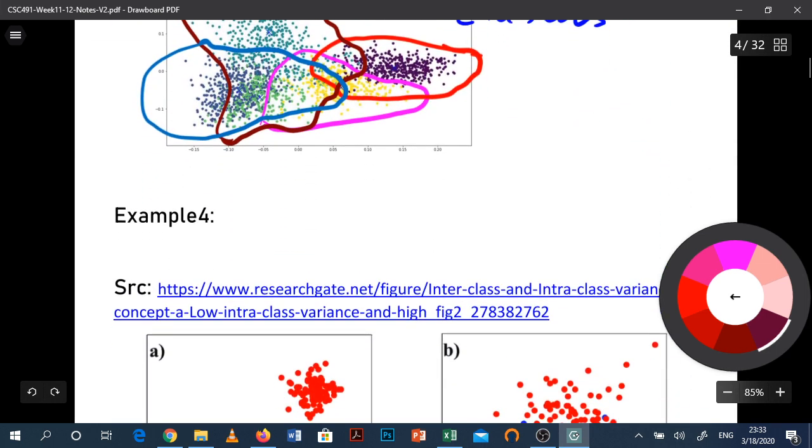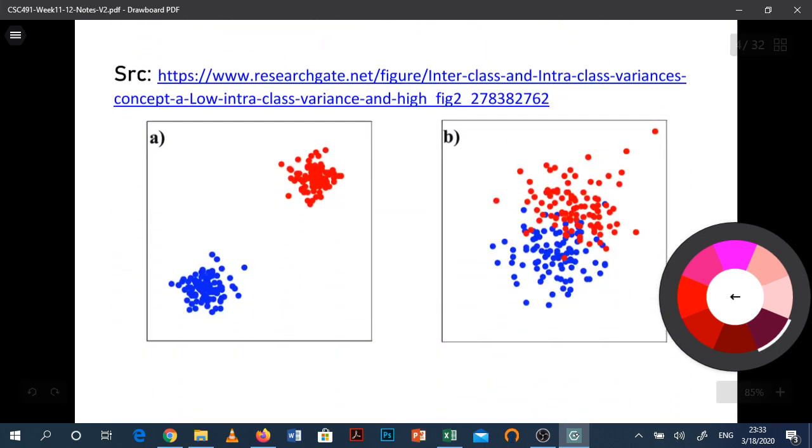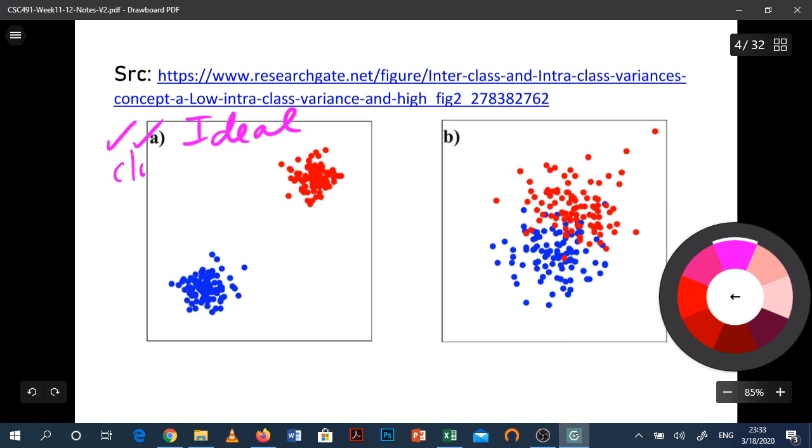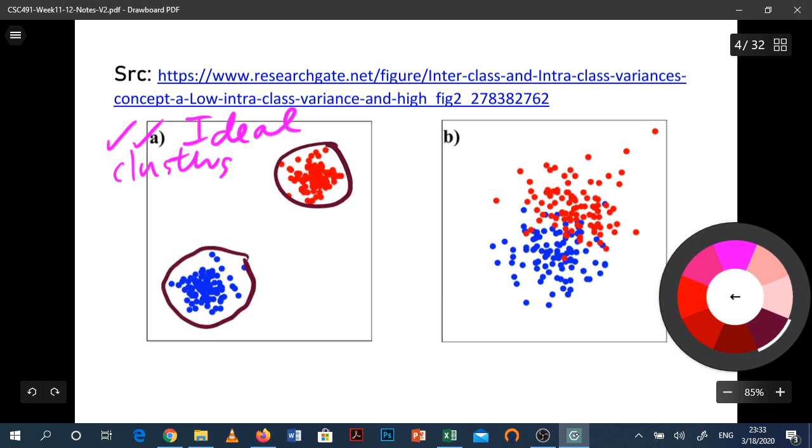So let's look at an example. Picture A on the left is definitely the ideal clustering. If you draw the cluster boundary, and the dark spot represents the virtual cluster center, you can see there is high density, with many members tied together.